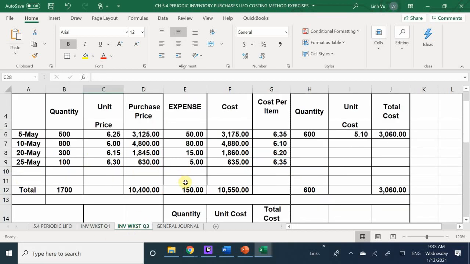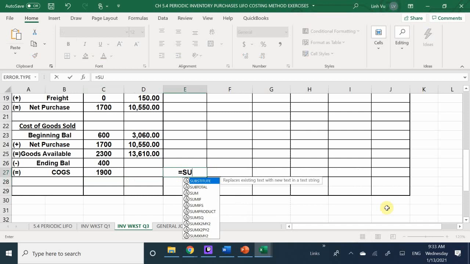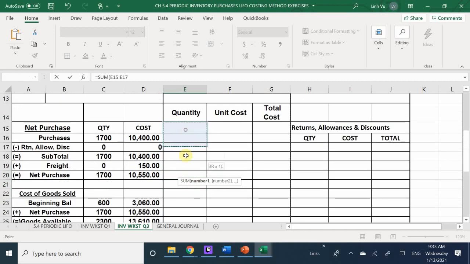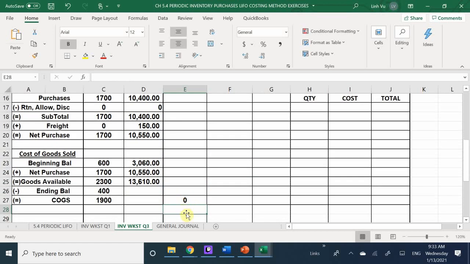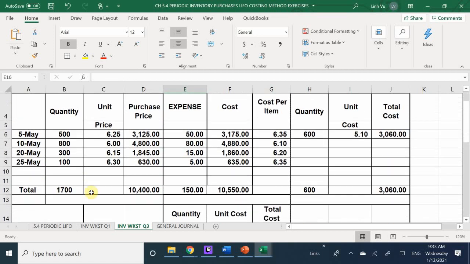All right, so now we're finally here. We have all the information and we are ready to calculate our total cost of goods sold. So let me go ahead and highlight all this. Okay, so looking at our information here, which batch are you actually going to get rid of first?